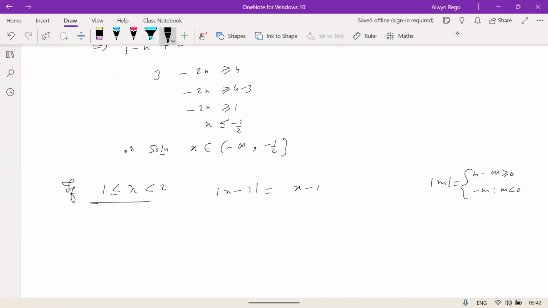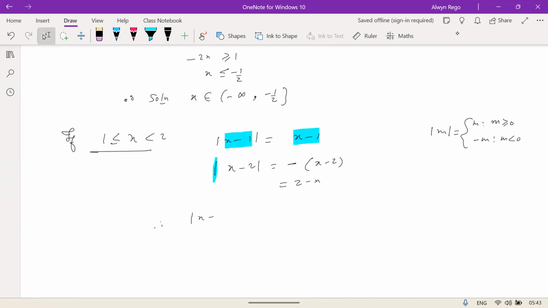So if the value under the modulus sign is positive, the number will come out as it is, and the absolute value of x minus 2 will be, if you take a value between 1 and 2, 1.5, negative. So it becomes equal to negative of x minus 2, which is 2 minus x.